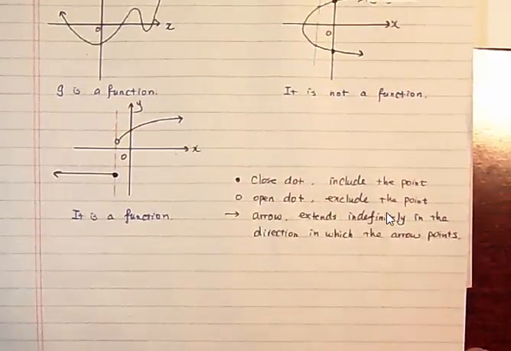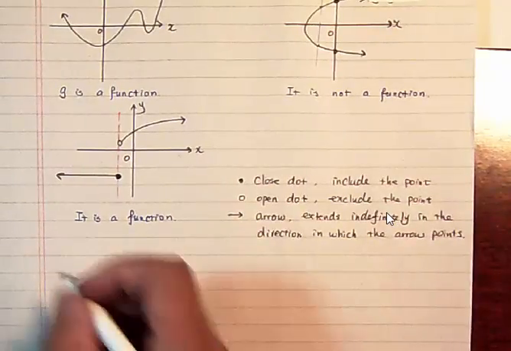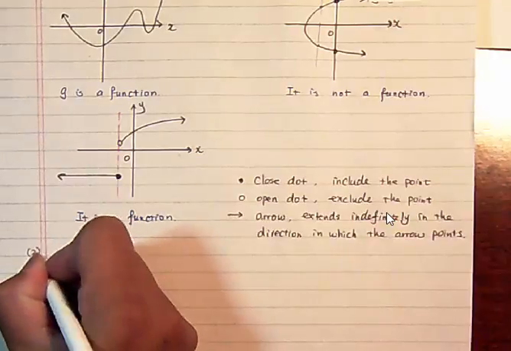And let's take a look at some more characteristics of the graph. The domain and range. How can we define the domain and range from the graph?